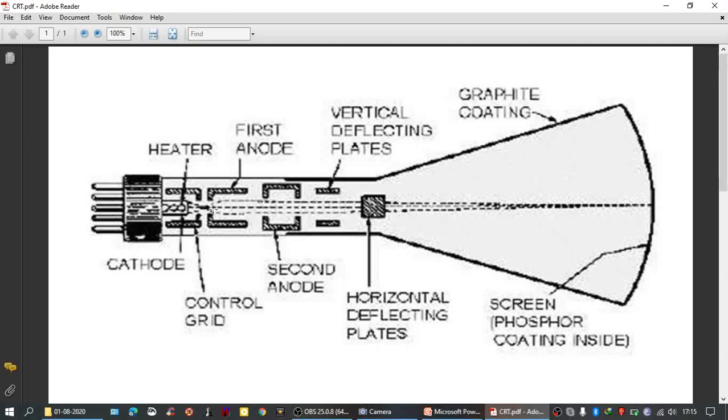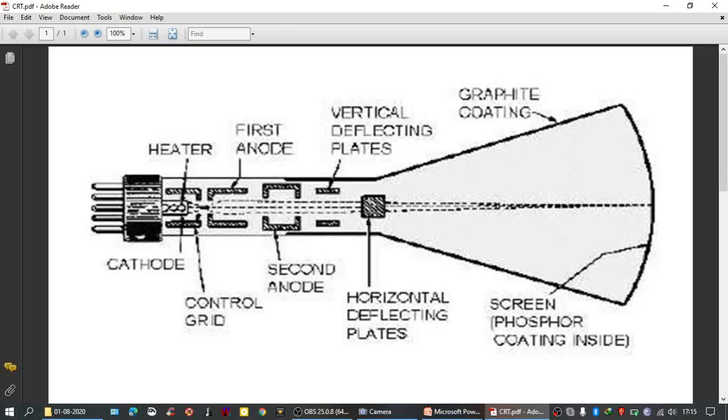So as a result, the electron beam will be accelerated and they pass through the first anode with very high velocity or with very large amount of kinetic energy.